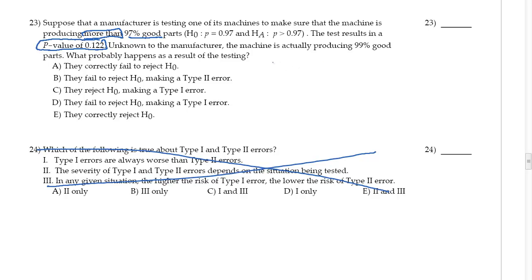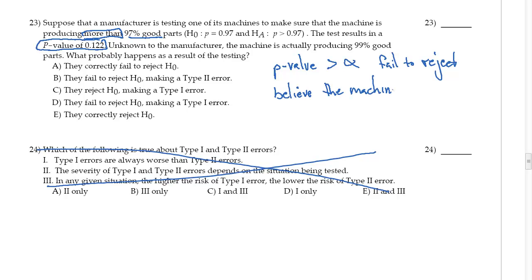The question that you want to be concerned about is if the p-value is greater than alpha, then we fail to reject. And so we're going to believe the machine is producing 97% good parts.